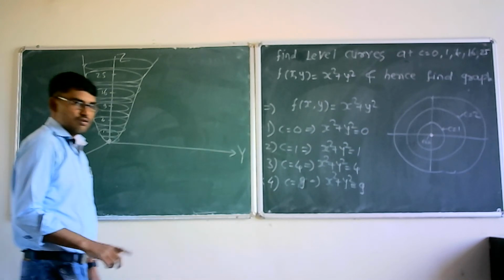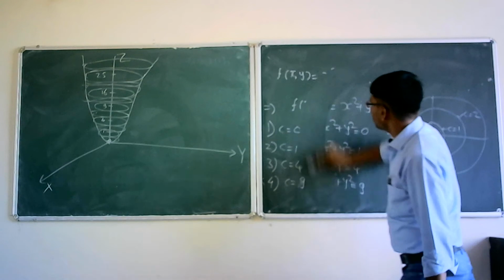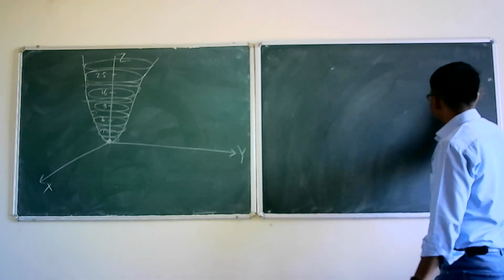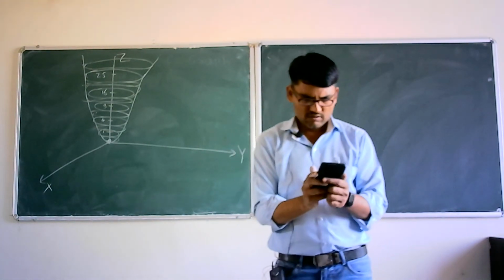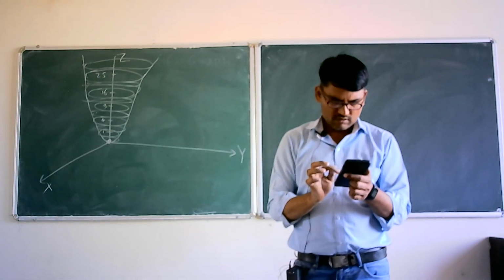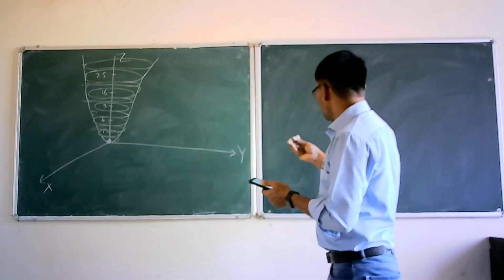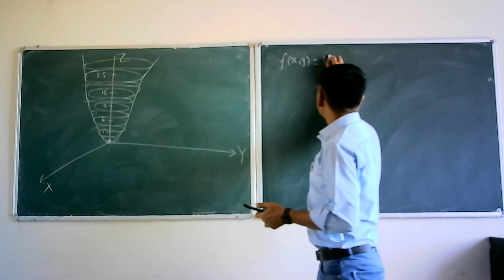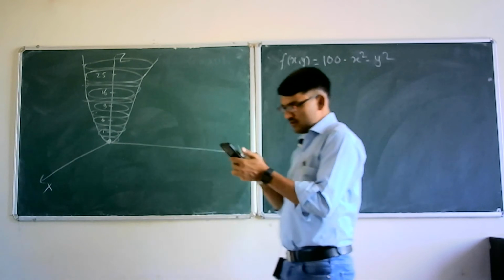So now next, take one more example. Let f of xy is equal to 100 minus x square minus y square.